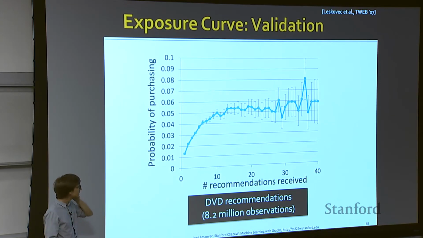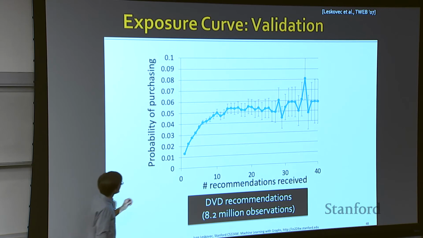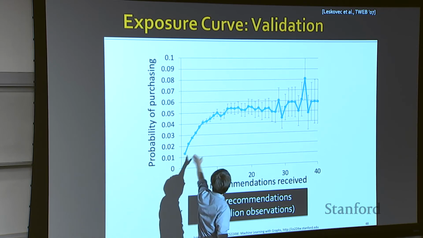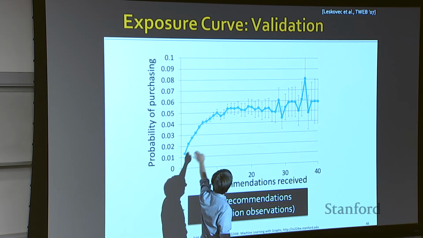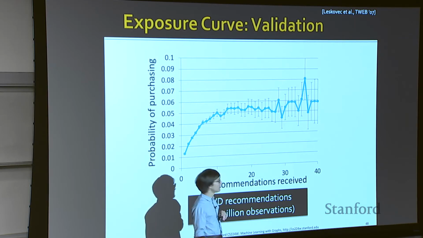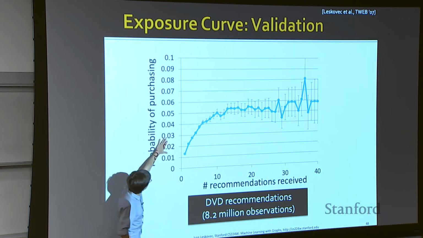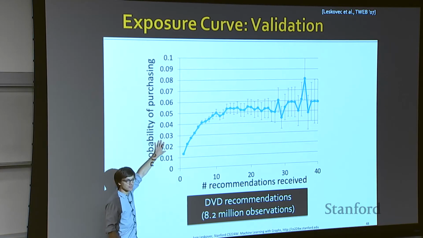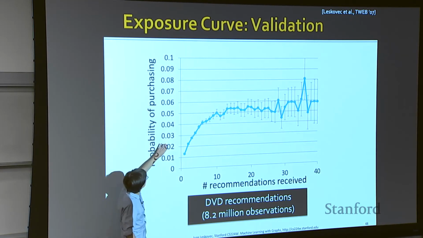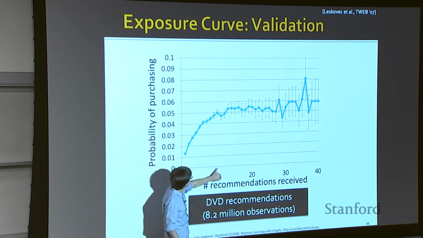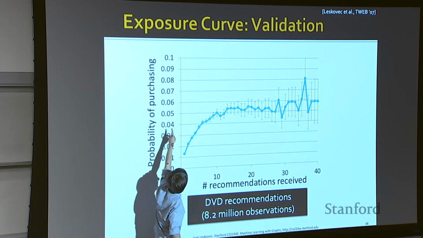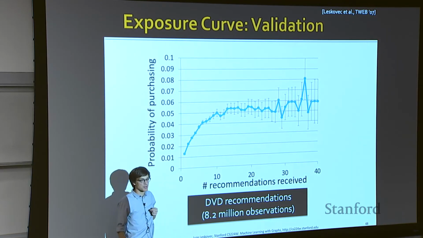What do you notice? You notice two things. The first thing you notice is that it has this kind of nice diminishing returns shape. You see it kind of saturates. Another thing you notice is that the infection probabilities are very low. So even after 10 recommendations, your probability of buying is only about 5%.